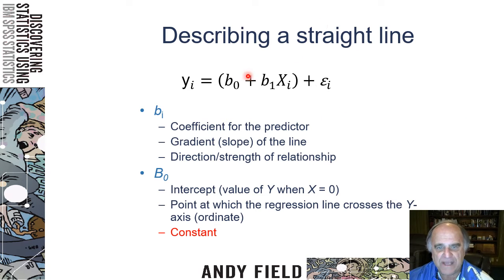But so this b sub 0 is the intercept, the value of y when x equals 0. It's the point at which the regression line crosses the y-axis, the ordinate. And we usually call this the constant. So the constant is this b sub 0 value, the constant in the equation. If we are using standardized data, or if we are using big B betas, this will drop out.